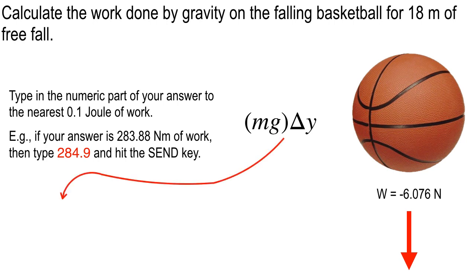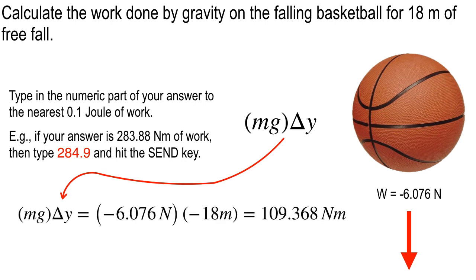Okay, so mg delta y, that's your work. And delta y is negative, and g is negative. So that's going to be a positive number. Here it is. Negative 6.076 newtons. That's mg.